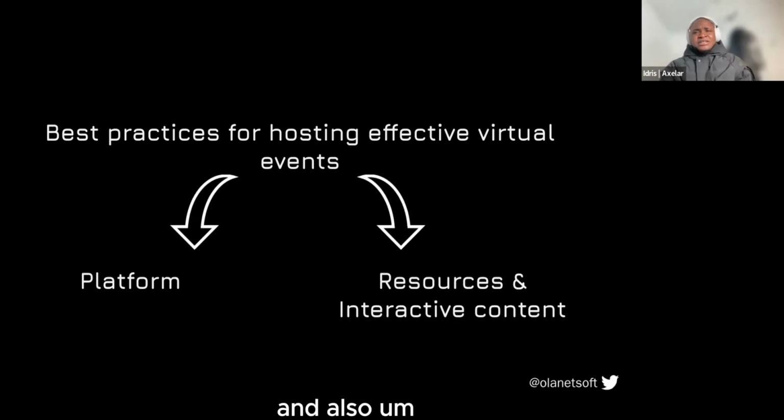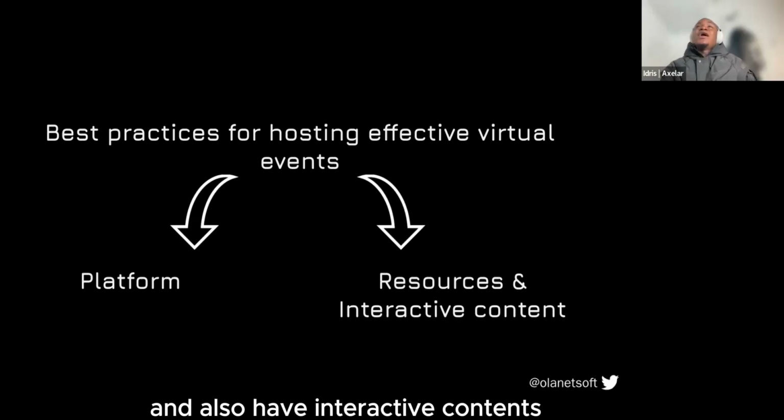And also, it's important to know that you need to give out resources and have interactive content.